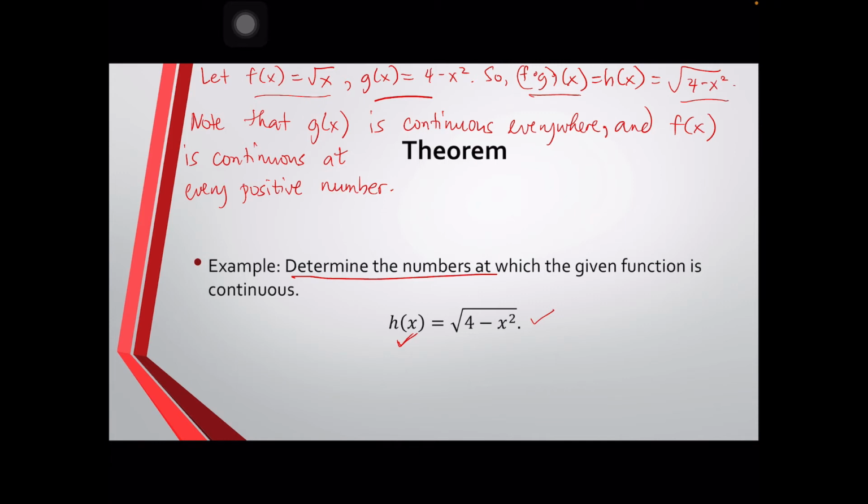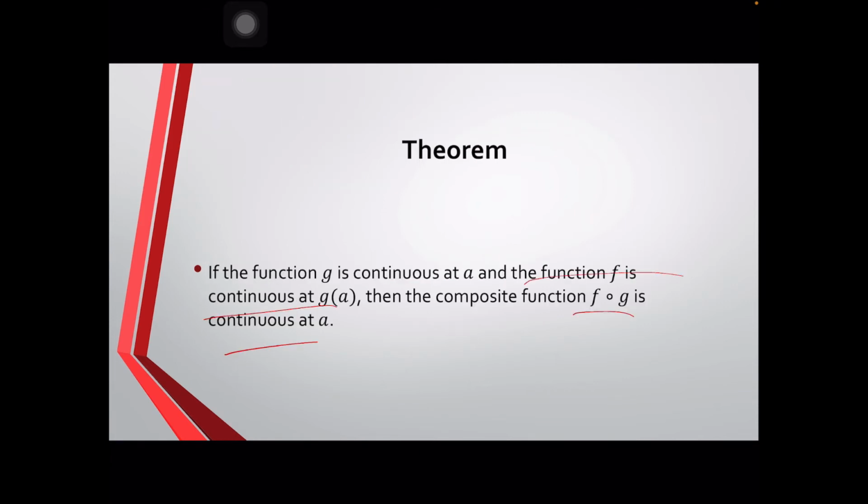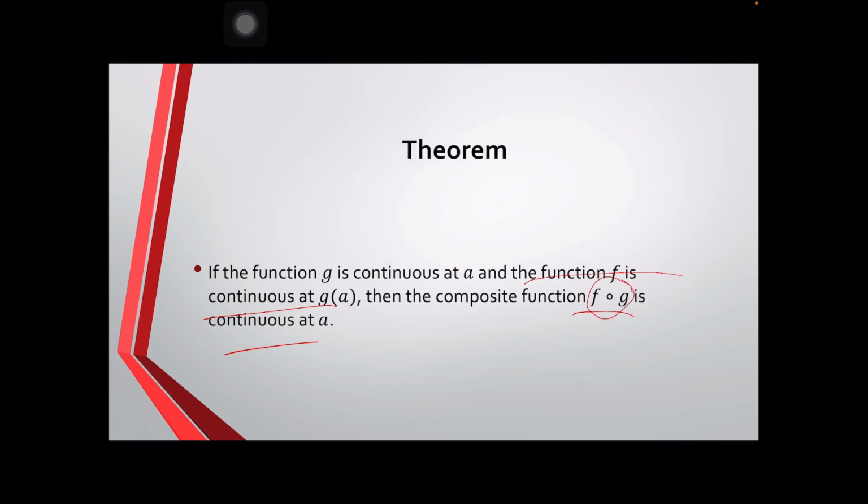And so applying this theorem with the statement that says, if the function g is continuous at a and the function f is continuous at g of a, the composite function f of g is continuous at a. Now notice that our f of g in this case is h. The placements of our f and g would be just the same.